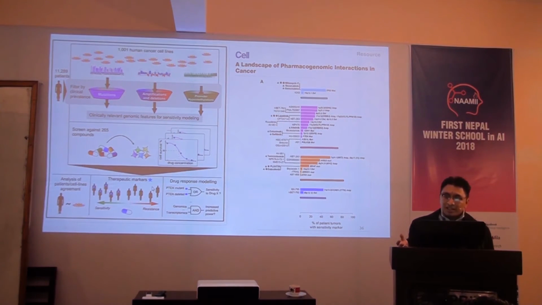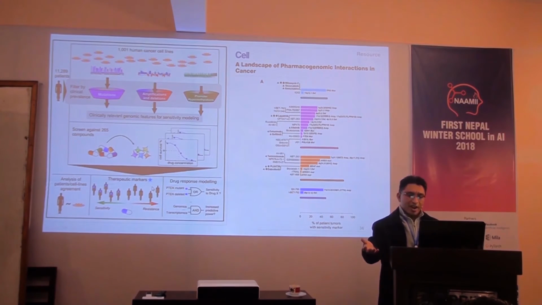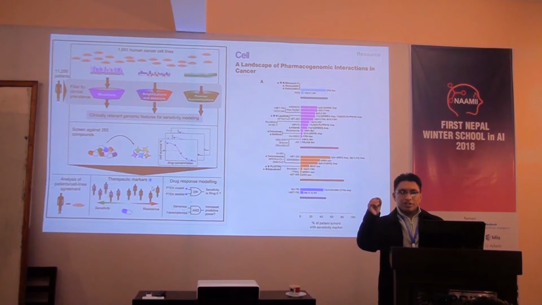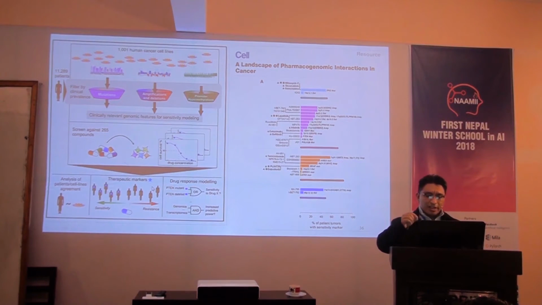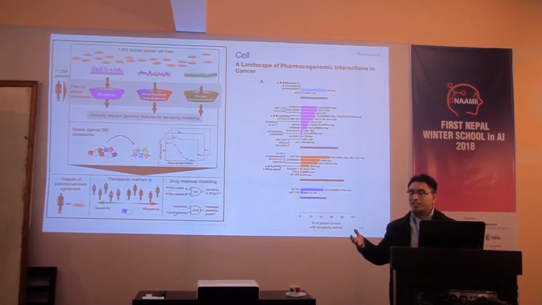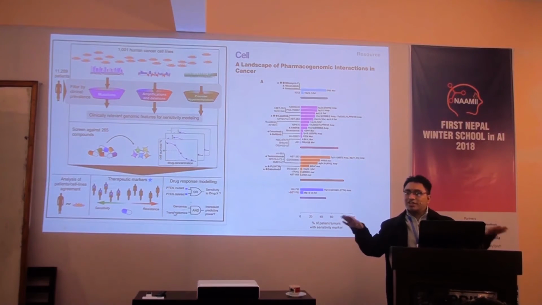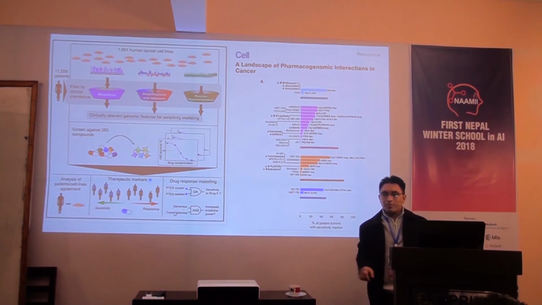And not only that, but looking at the gene expression data, you can identify the features or the genes which distinguish between the responders or sensitive versus the resistant cases. So which are the genes that are responsible for separation? Which genes are different between these two groups of patients?